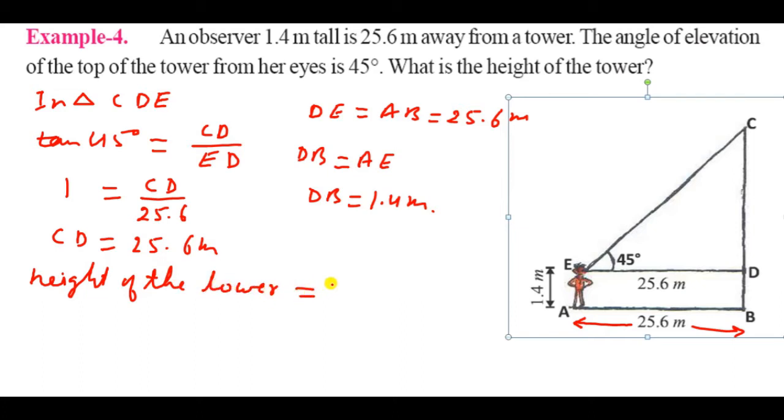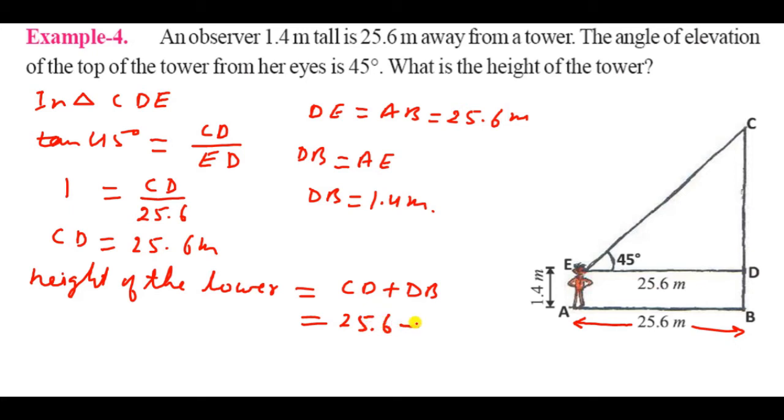CD is given as 25.6 and plus BD is equal to 1.4. So we can write here 1.4. Now adding them. So 6 and 4, that is 10, write 0 carry 1. And 5 and 1, 6 and 1, 7. So here is 2 and 1, 3. 37 meters. That is your answer.